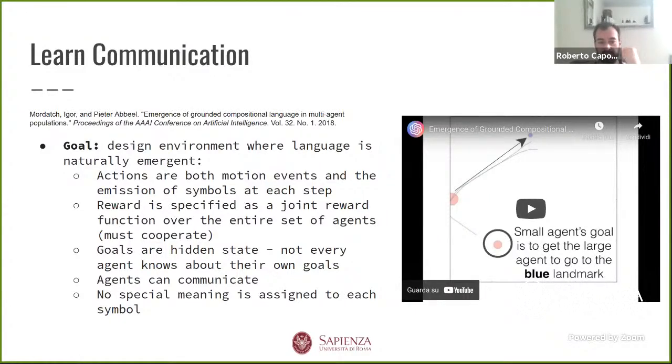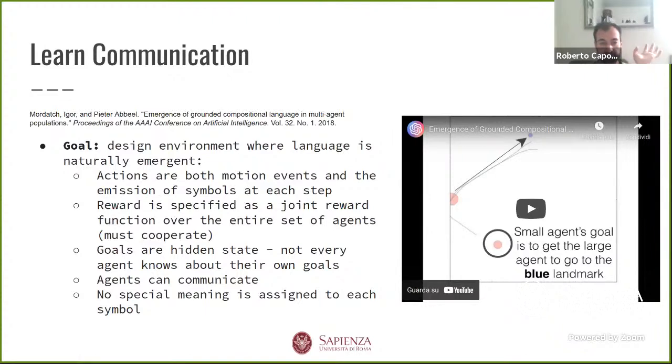The reward is a joint reward function, so the agents have to cooperate. Not every agent is aware of the goals, so the agents need to communicate. And there is no special meaning previously assigned to each symbol.